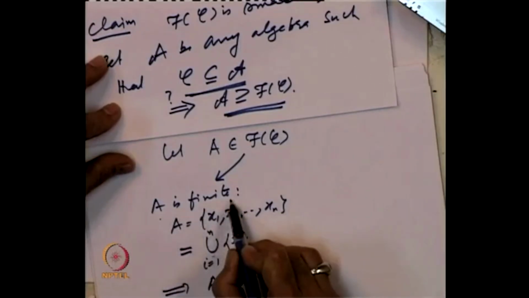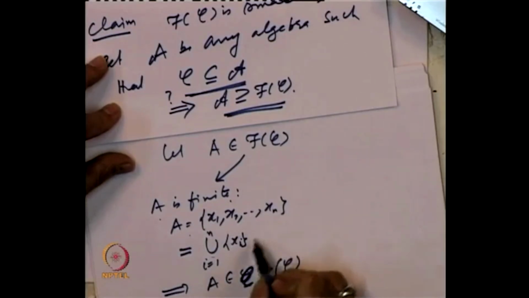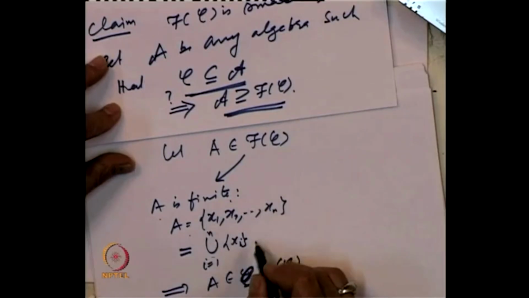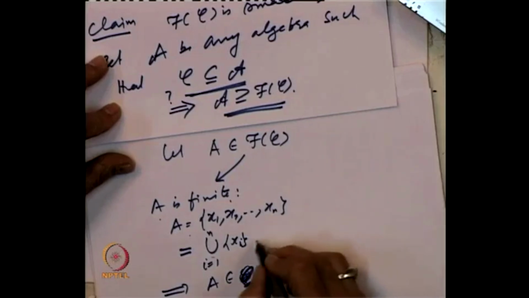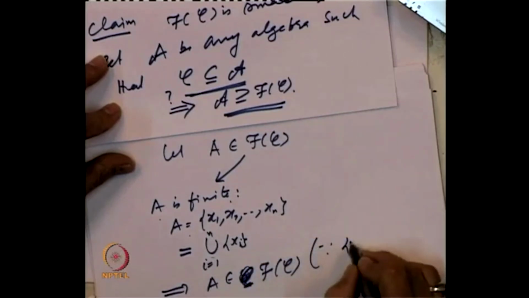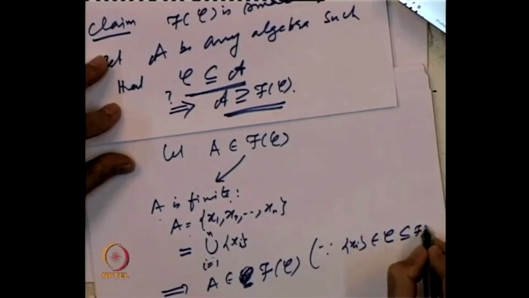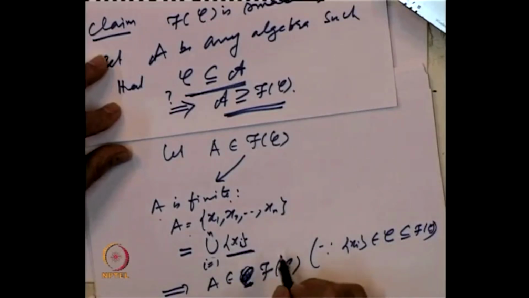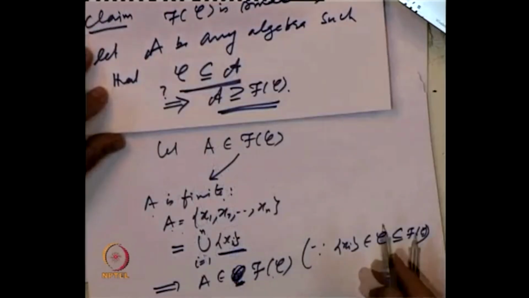Because A is finite, A is written as x1, x2, xn, so I can write it as a finite union. Each xi belongs to C, which is a subset of f of C.